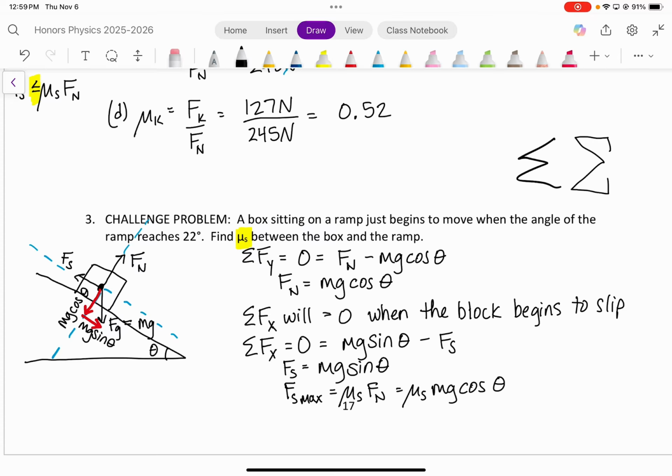I wrote it this way because our formula says less than or equal to. But when we're at the maximum, right when the block starts to slip, there is enough force going this way to match and just start to overcome this force. So since both of these expressions equal Fs, mg sine theta equals mu s mg cosine theta.